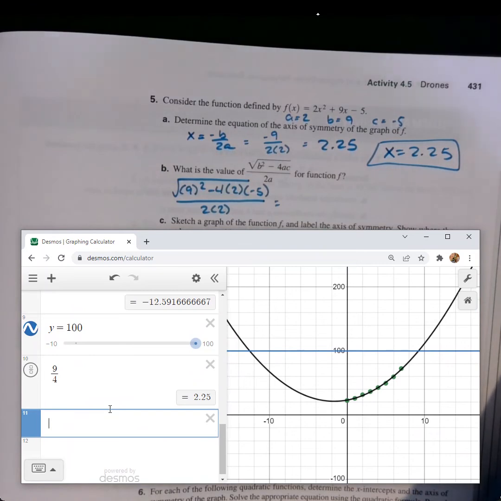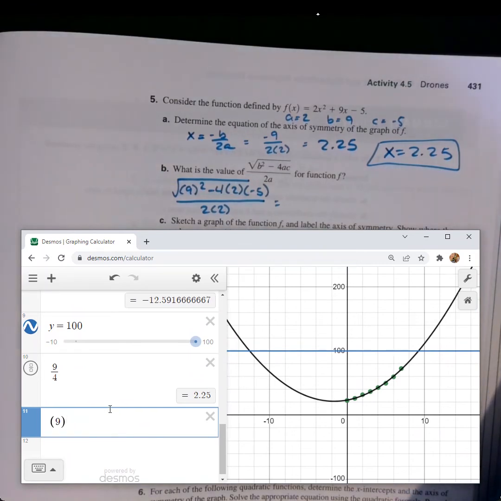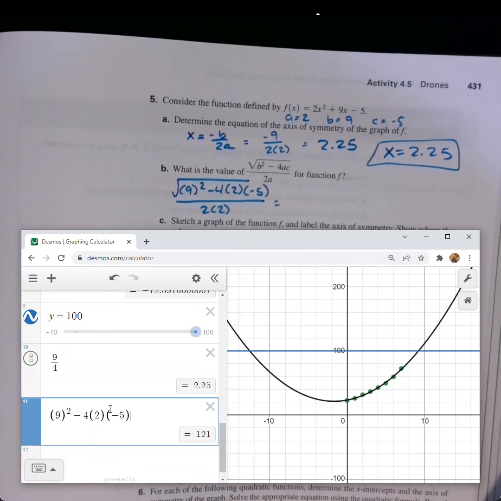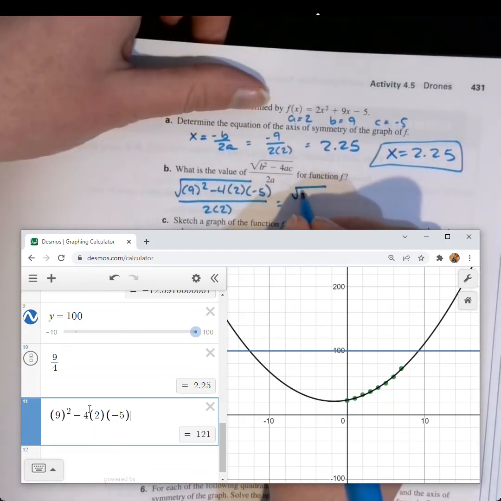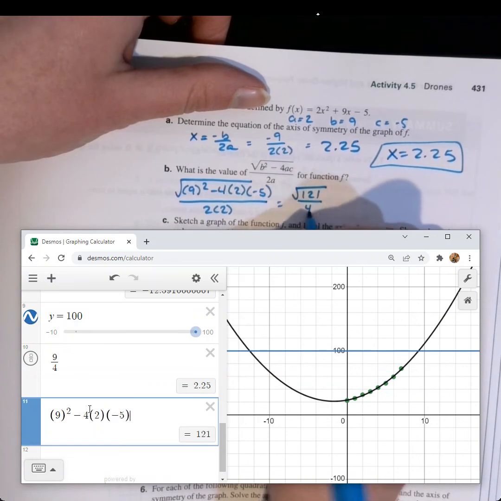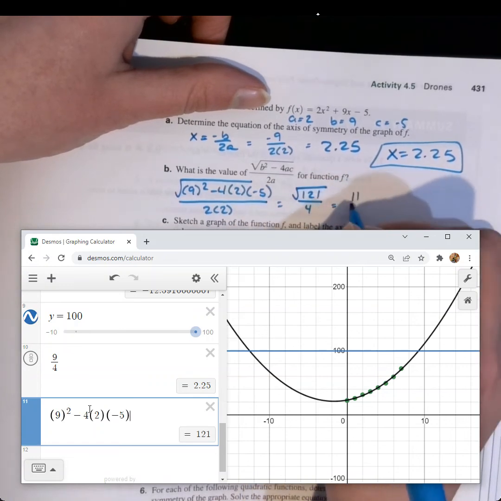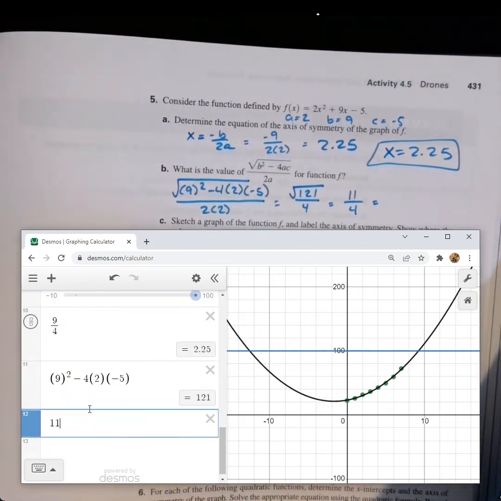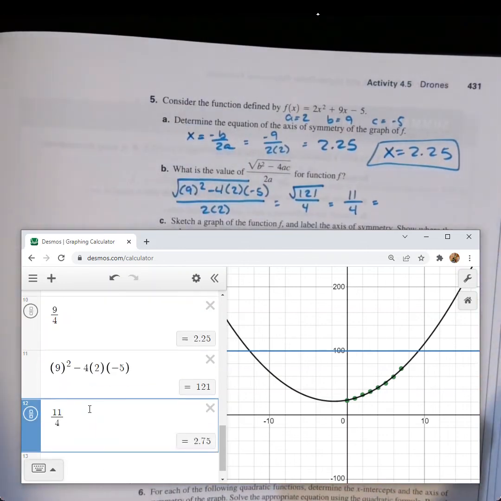So we're going to put 9 squared minus 4 times 2 times negative 5. Okay, so that does give me the square root of 121 over 4, and I know that the square root of 121 is 11 over 4, and 11 over 4, if you would like to see it as a decimal, is 2.75.